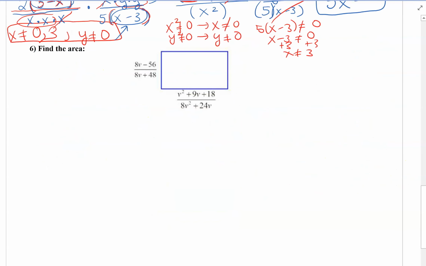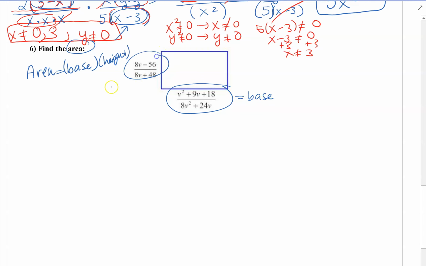Now, last but not least, in example 6, we are finding the area. So what we're going to have to do is multiply base times height, because the area of a rectangle would be the base times the height. So it looks like this rational expression is my base. This rational expression is my height.